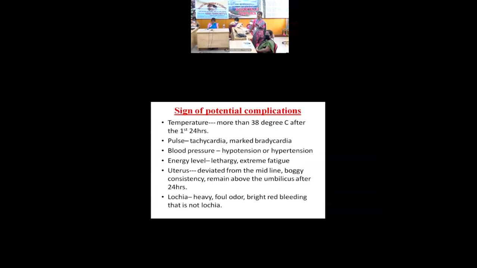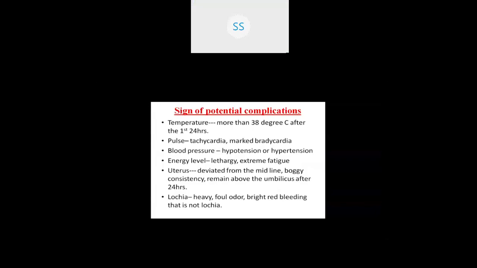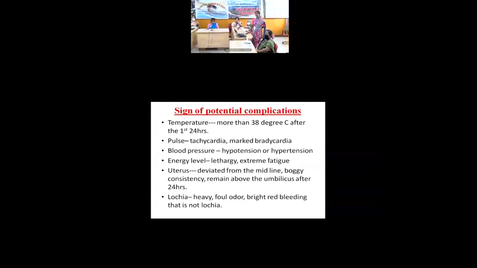Pulse: if there is tachycardia or marked bradycardia, then it is a sign of complication. Blood pressure should not show hypotension or hypertension. Energy level: lethargy, extreme fatigue. Uterus deviated from the midline, boggy consistency, remaining above the umbilicus after 24 hours, is a sign of complication. Lochia: heavy, foul odor, bright red bleeding, that is not lochia.